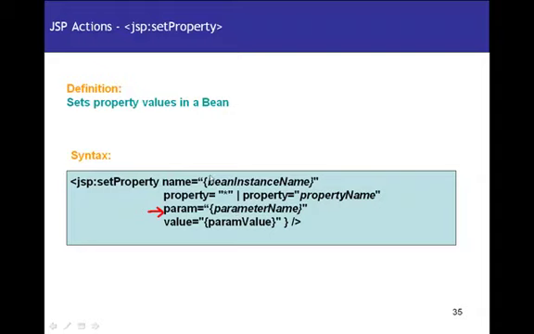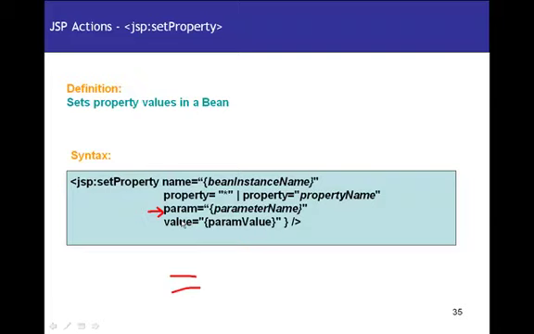So now what the star does is, if I put a star here, it means that for all the property values in my bean, simply map all parameters with the same name. So let's say that I have two properties in my bean, user ID and username, and similarly I have two parameters, two input boxes in my JSP. One is username and the other is user ID.